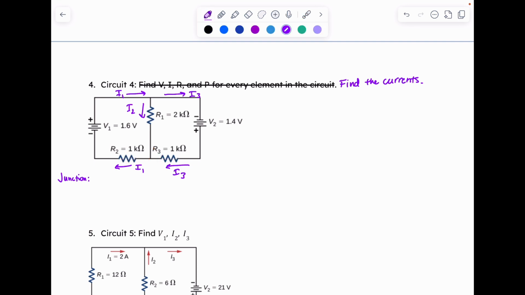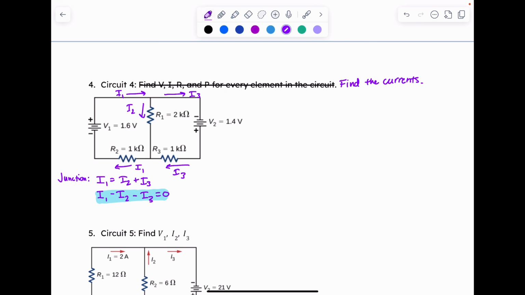So my junction equation here is going to be I1 equals I2 plus I3, and then I can rewrite it as I1 minus I2 minus I3 equals 0.